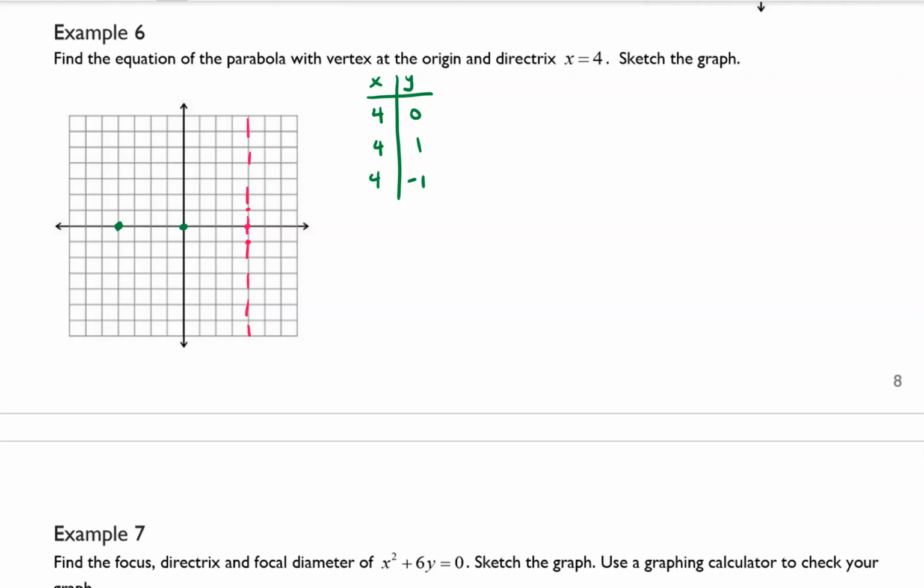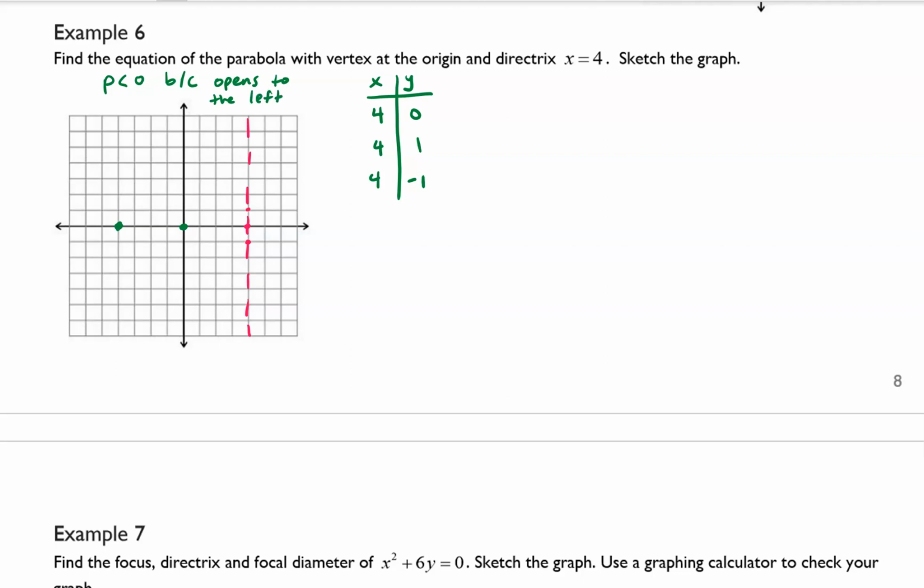Okay, so again, we know that our parabola is going to look something like that. And because it's opening to the left-hand side, that tells us that our p-value is negative, because it opens to the left.